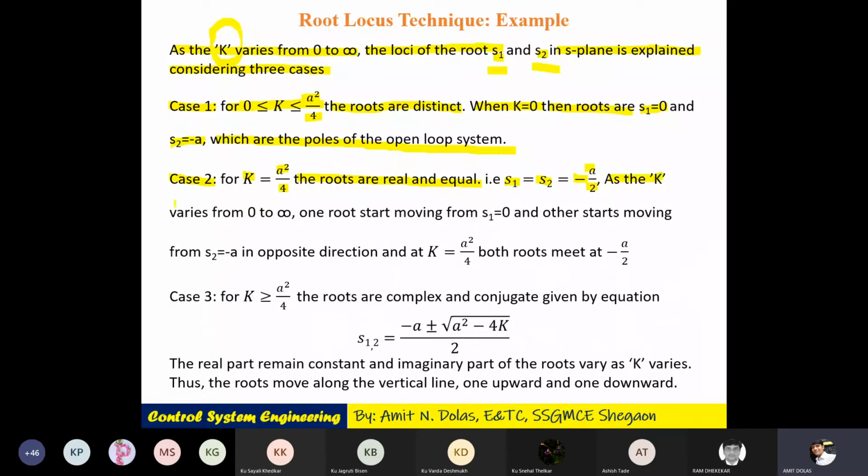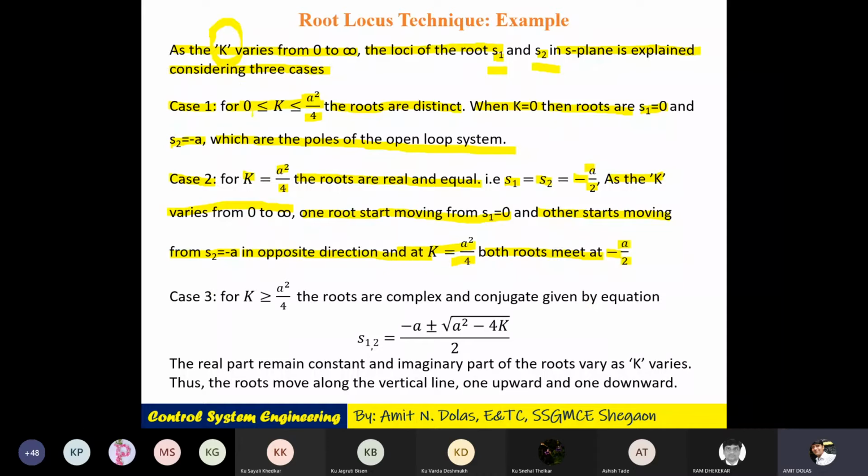As k varies from 0 to infinity, one root starts moving from s equal to 0, and the second starts moving from s equal to minus a. Both move in opposite directions, as I mentioned in the earlier PPT, where I showed the graph, and at k equal to a square by 4, both roots meet at minus a by 2, exactly half of the portion 0 to minus a.